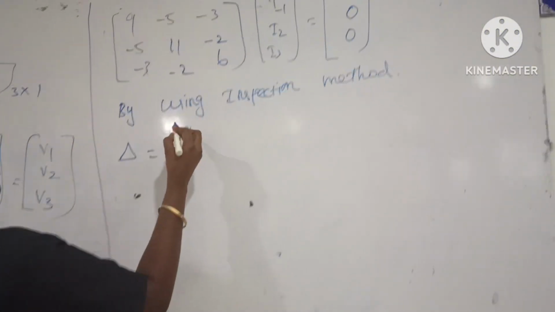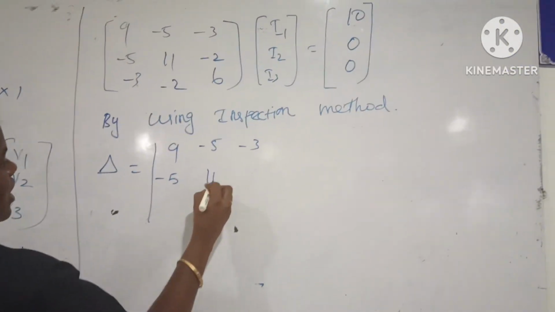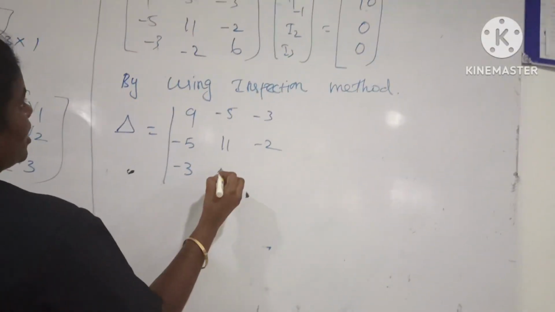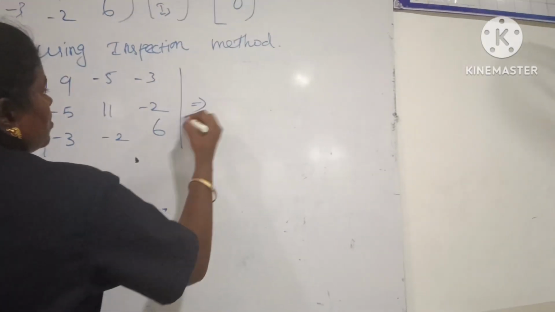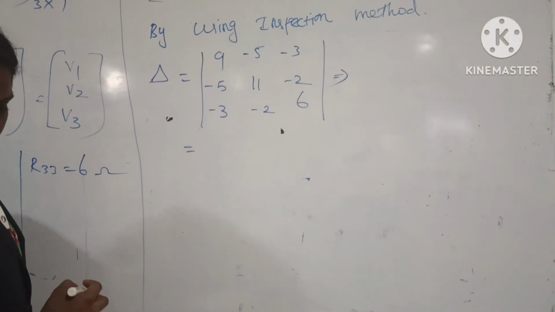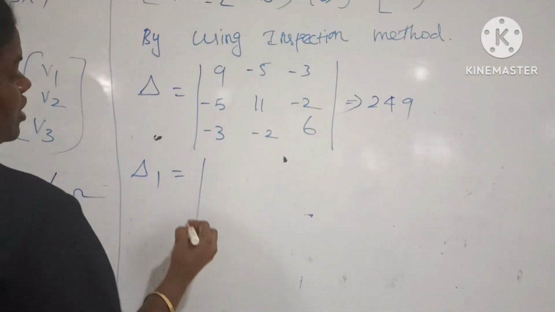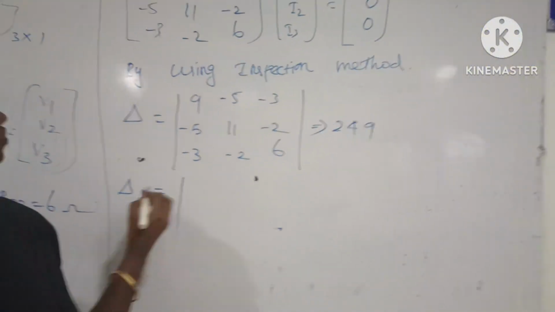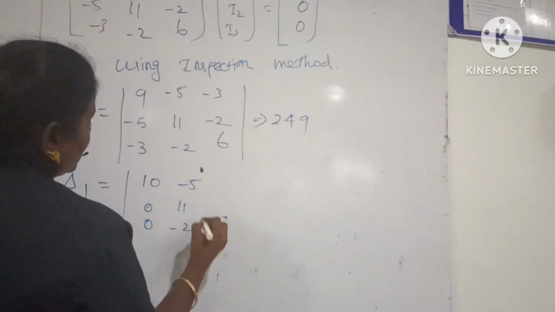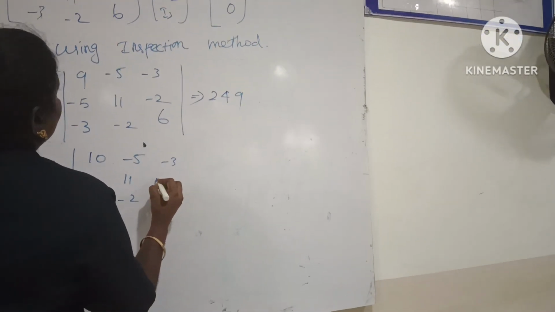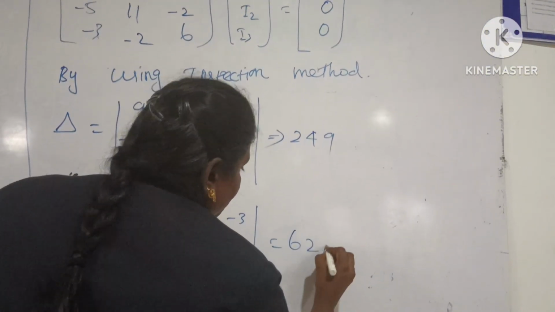The determinant of this matrix 9, minus 5, minus 3, minus 5, 11, minus 2, minus 3, minus 2, 6 gives del value 249. For del 1, replace the first column by the voltage source 10, 0, 0, keeping the rest, and we get del 1 value 620.